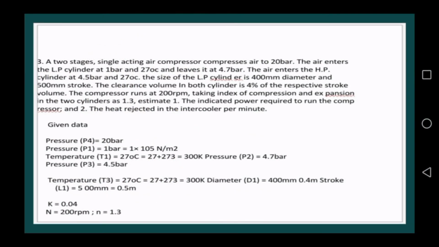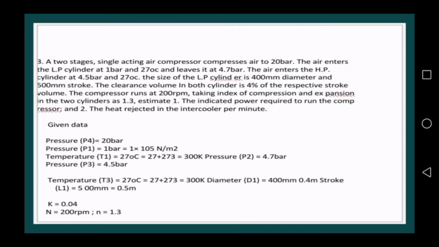A two-stage single acting air compressor compresses air to 20 bar. The air enters the low pressure cylinder at 1 bar and 27 degrees Celsius and leaves it at 4.7 bar. The air enters the high pressure cylinder at 4.5 bar and 27 degrees Celsius.